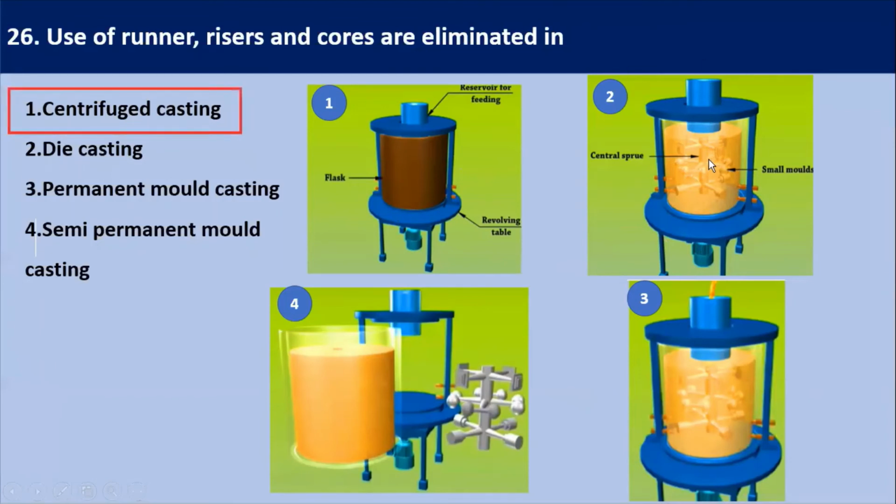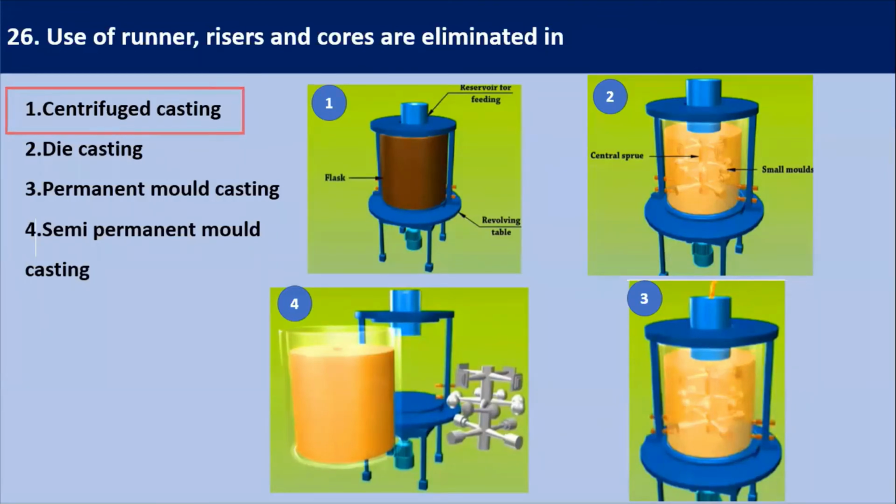In the second case, you can see that the small mold is connected to the central sprue, which is inside that flask. In the third, we are pouring the molten metal inside that flask. And in the fourth, I have shown that the molten metal will flow to all the molds under centrifugal force from the central sprue.